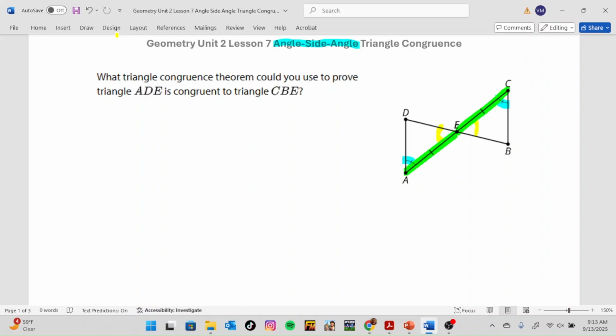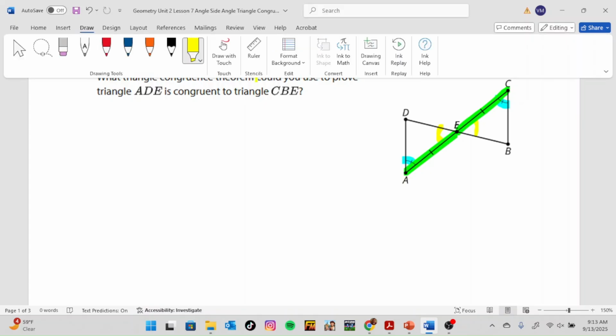Side AE is congruent to side CE. And angle E is congruent to angle E. Or angle DEA is congruent to angle BEC. So now that I have angle, side, angle, that's my answer.